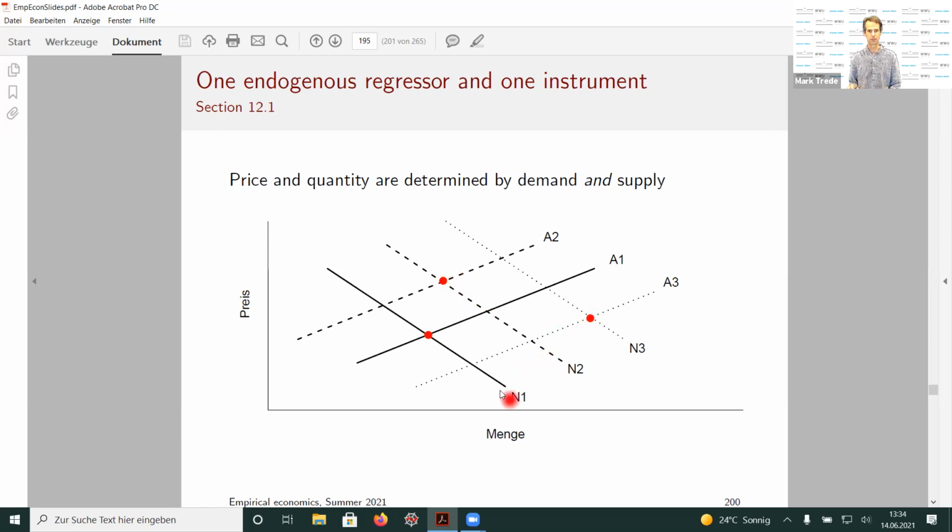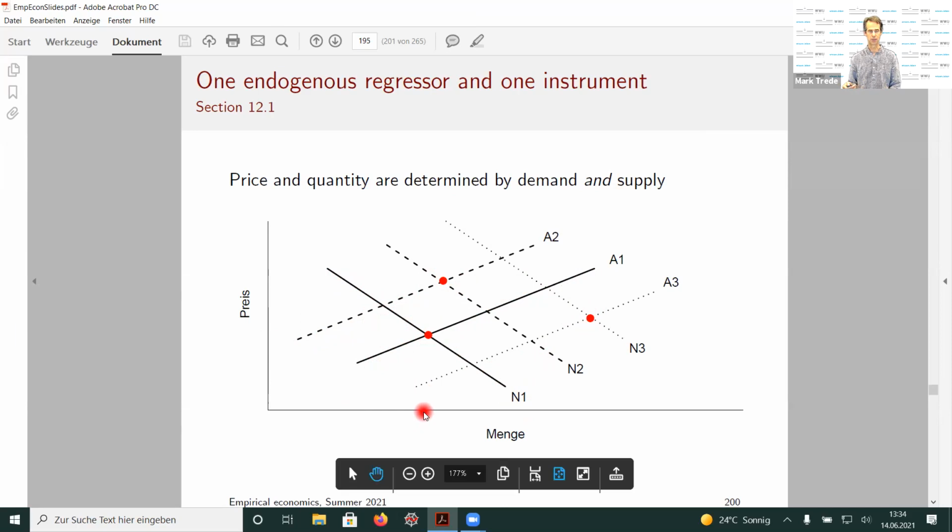So suppose, for instance, that in the first period our demand curve is N1 and the supply curve is A1, then we have a price which is here and a quantity which is here.